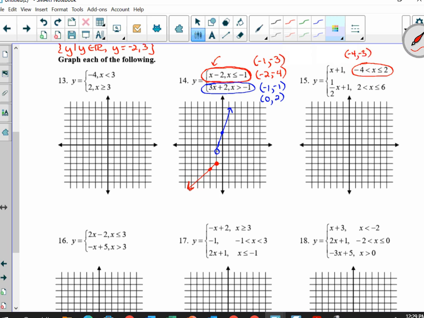Okay, is that one open or closed? Open. So 1, 2, 3, 4. 3, open circle down there. When I plug in 2, what'd you say, Christian? 2, 3. Yep. Is that it, and you make a line? And then I draw a line.